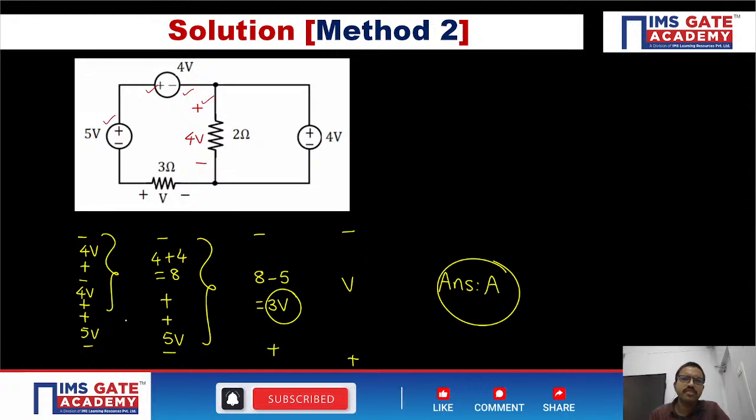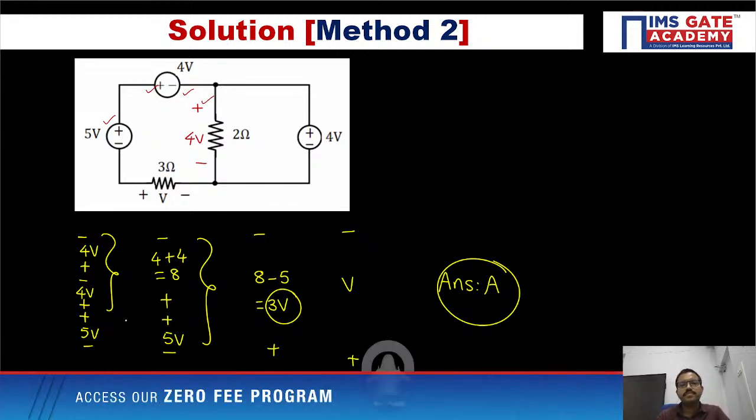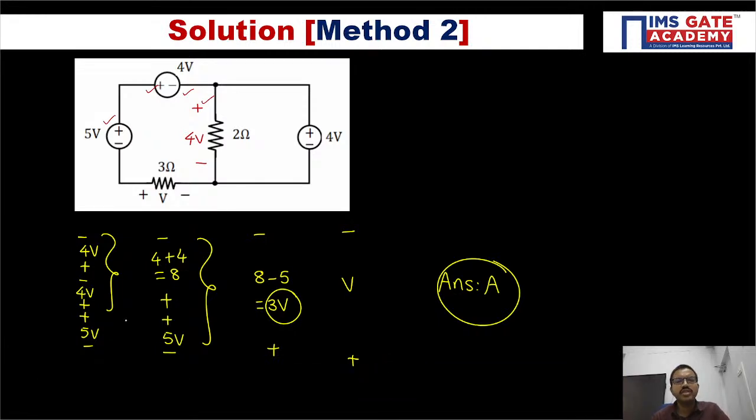V equal to 3 volts, that is there in option A. Based on your convenience, if you want to write the KVL equation you can do, or if you want to follow this approach, you can go ahead.